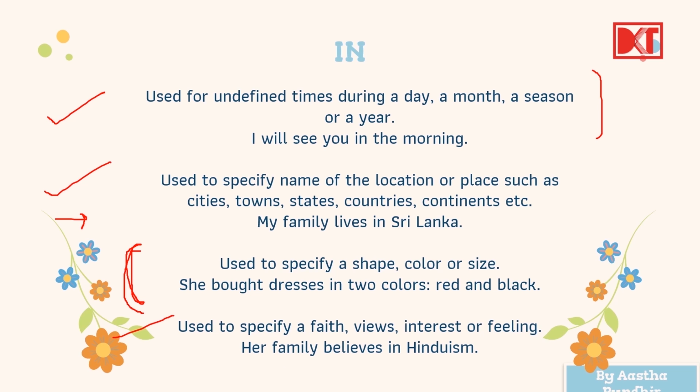Like, a family believes in Hinduism. That's a faith. So, believes in Hinduism. Alright. We can use "in" for an undefined time, to name a location or place, for specifying shape, color, or size, or specifying certain faith or views or interests or feelings.